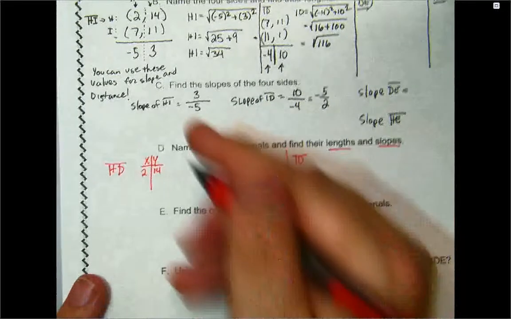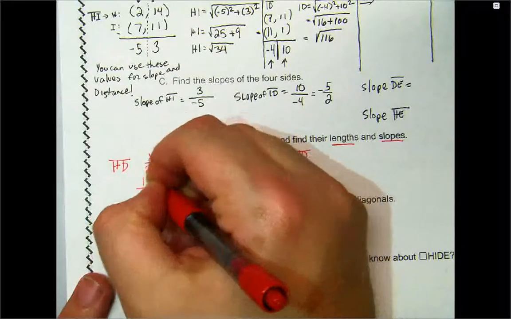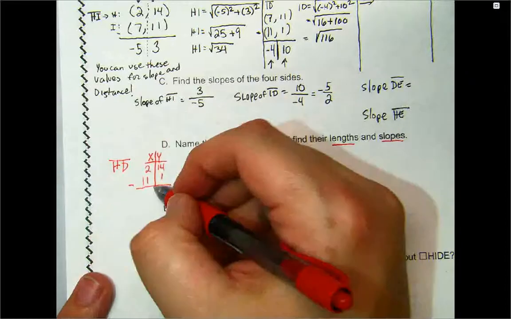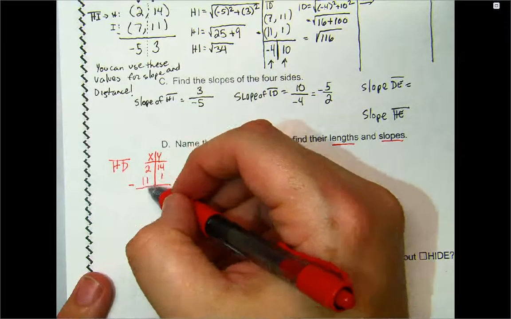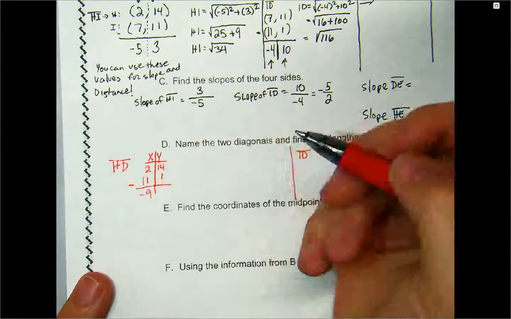If I subtract these, 2 minus 11, negative 9, 14 minus 1 is 13.